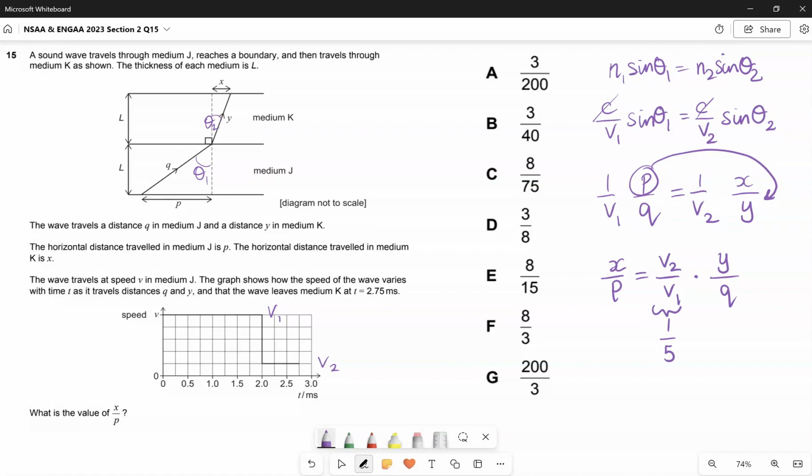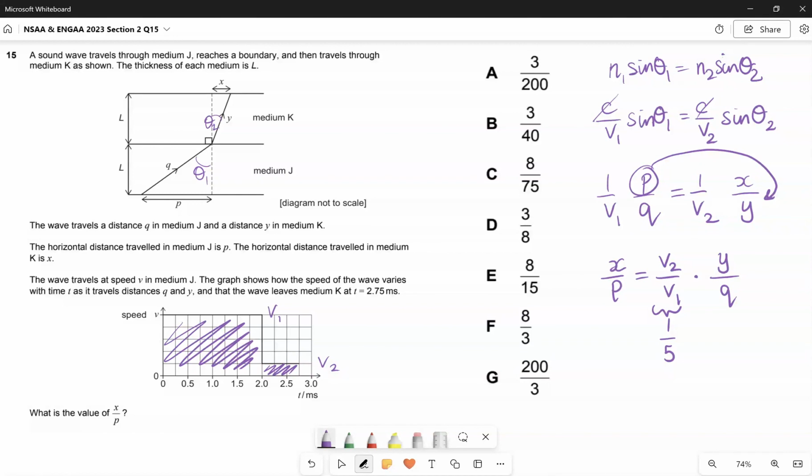y and q are distances travelled. So if we wanted to get those, we just need to find the area under each of these blocks. So from 0 to 2, because that's when it's been travelling at speed v1, and then it has a step change going down to v2 when it's in medium K. So we just need to work out the area of this block compared to the area of this block.